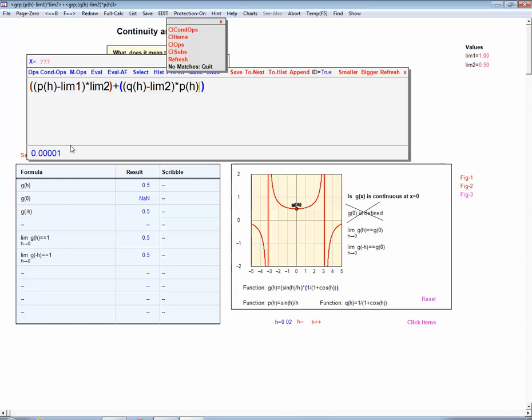Well, since the two pieces go to 0, the whole thing will go to 0. So that's our justification for assuming that as h goes to 0, this product here goes to the product of the two limits.